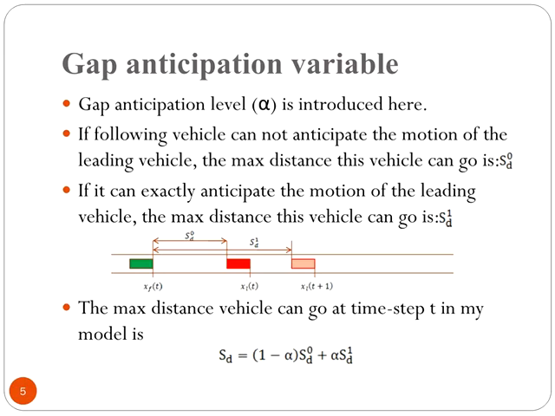If you calculate SD1 based on your formula, then it's the gap in the next time step. But we want the gap in this time step to determine the motion of the following vehicle between time t and t plus 1.